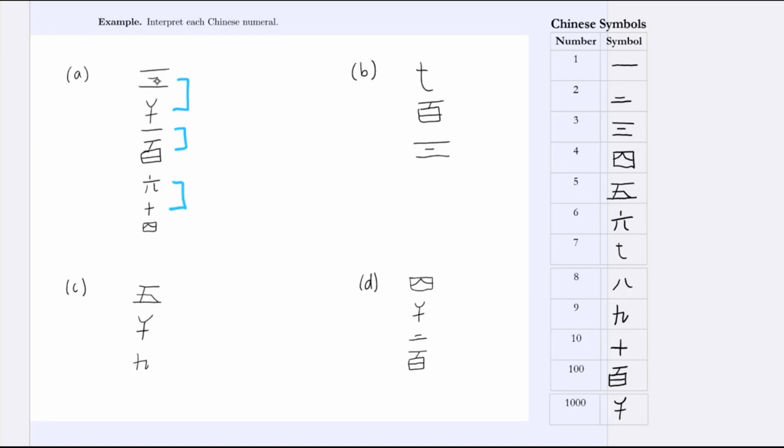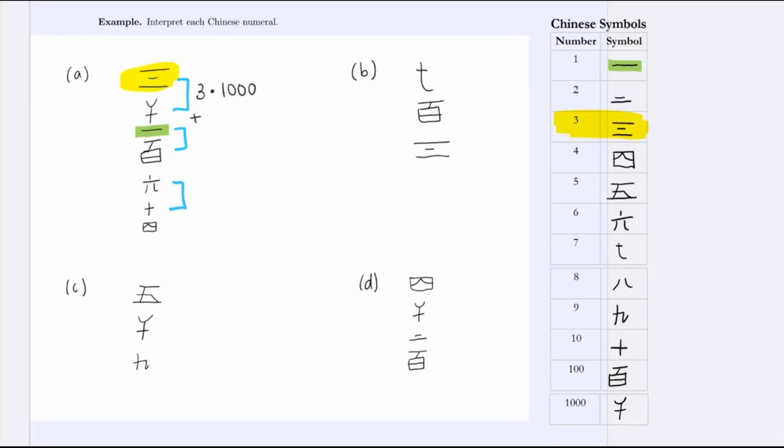And now I just need to translate each symbol. So this matches the symbol for 3. So that means I've got 3 times. Now the next symbol is always going to be one of these multipliers of 10, either 10, 100, or 1,000. In this case, this represents 1,000. So it means I've got 3 1,000s that I'm adding to. Next, this is just the symbol for 1.